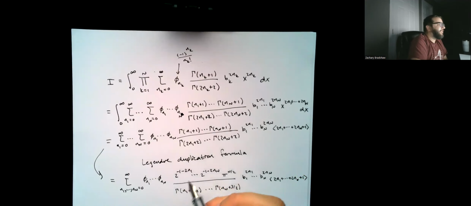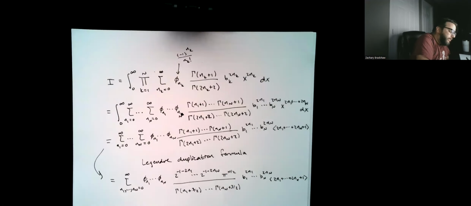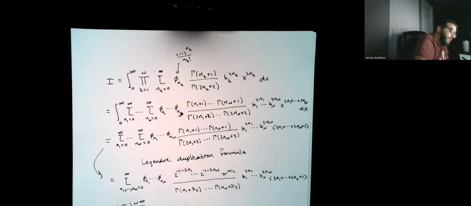So we can simplify this a little further. This becomes the square root of pi over 2 to the nth power times the sum from 0 to infinity over all of our indices. All of our phi's are the same. And I'm going to put my b's in the numerator now. I've gotten rid of everything else in the numerator. I've pulled it all out.